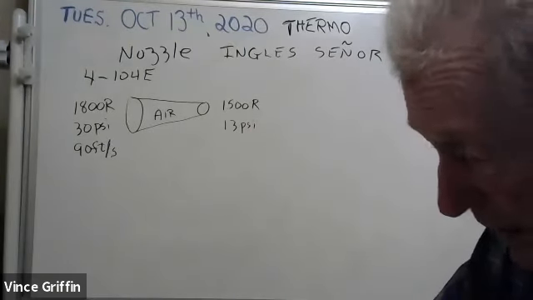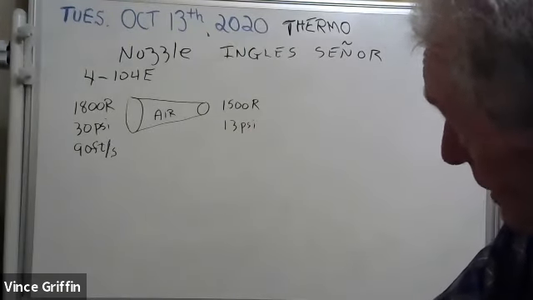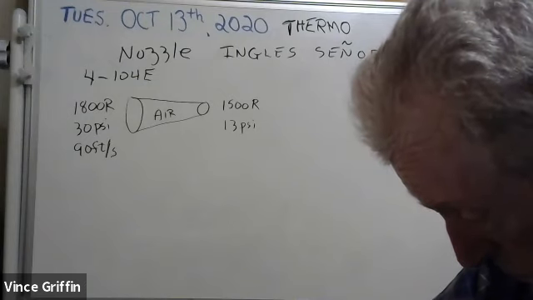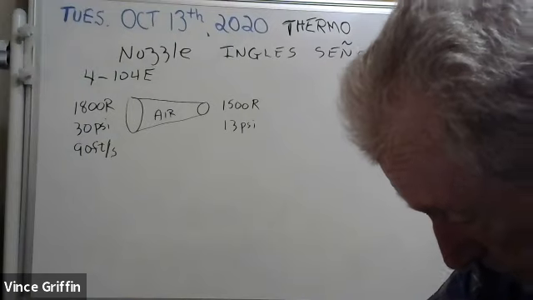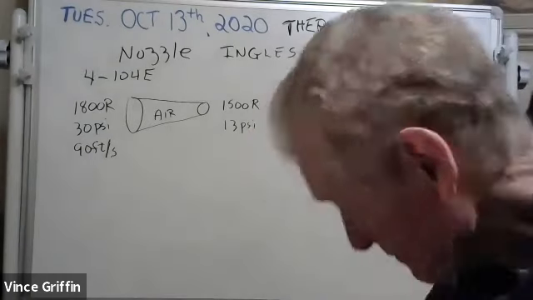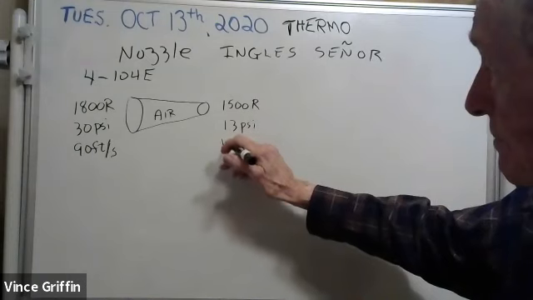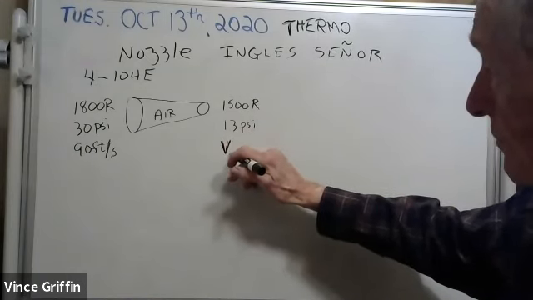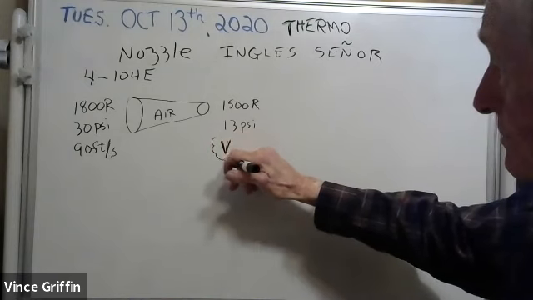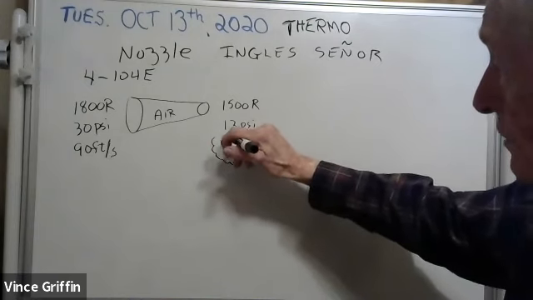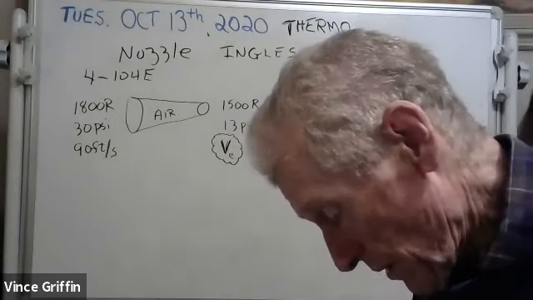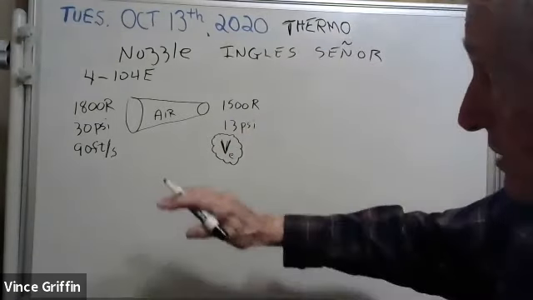The pressure goes down. They cool off, but it speeds up. And they want to know the exit velocity. Well, we could draw a PV diagram.